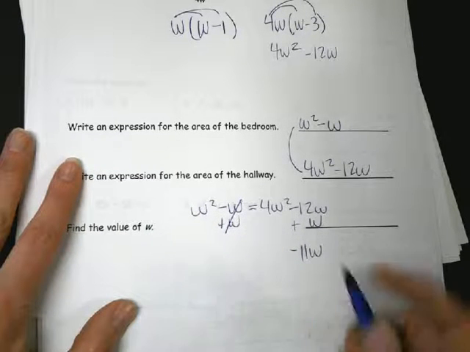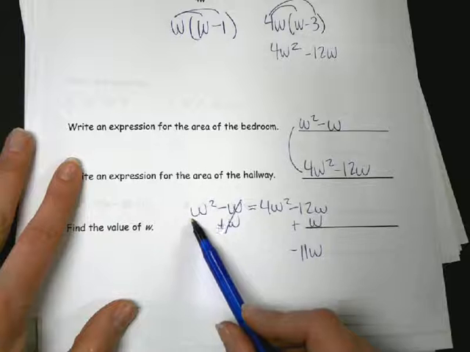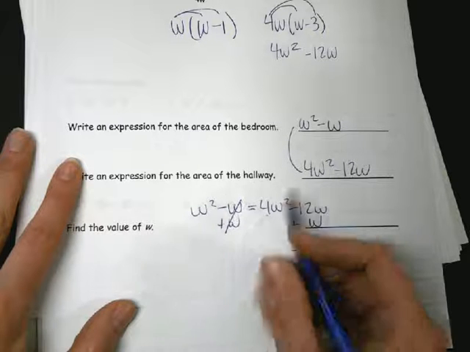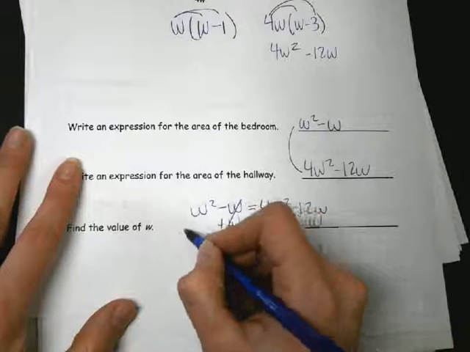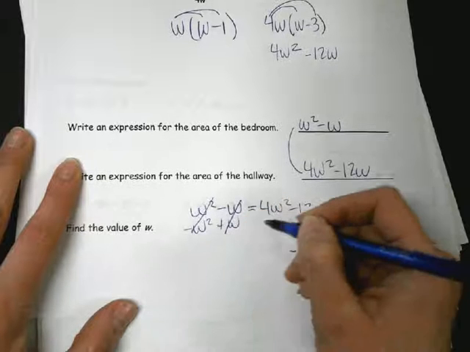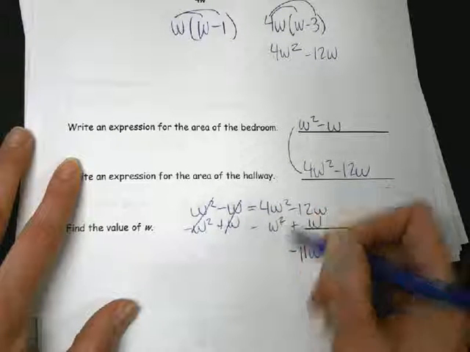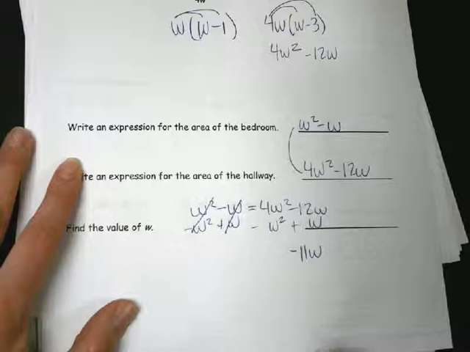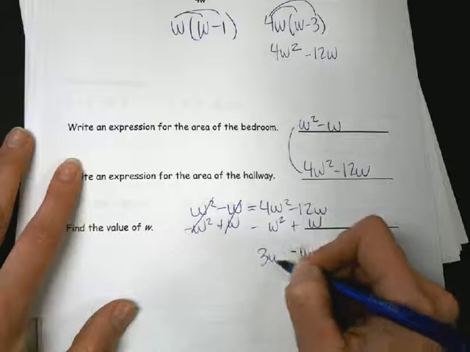Then I'm going to move this W squared over that way by subtracting it from this side and subtracting it from this side. 4W squared minus W squared is 3W squared. And all of that equals 0.